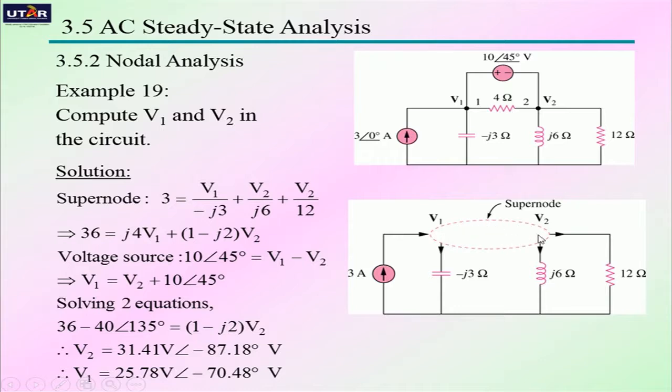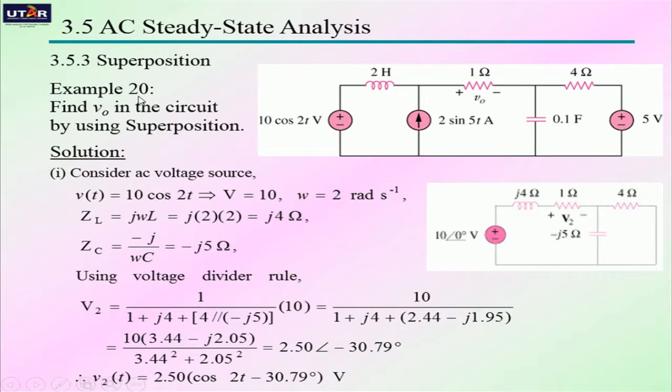This is what we have learned in DC analysis. By performing nodal analysis for this supernode, V2 is found to be 31.41 magnitude, negative 87.18 degree volt, and V1 is 25.78 magnitude, negative 70.48 degree volt.